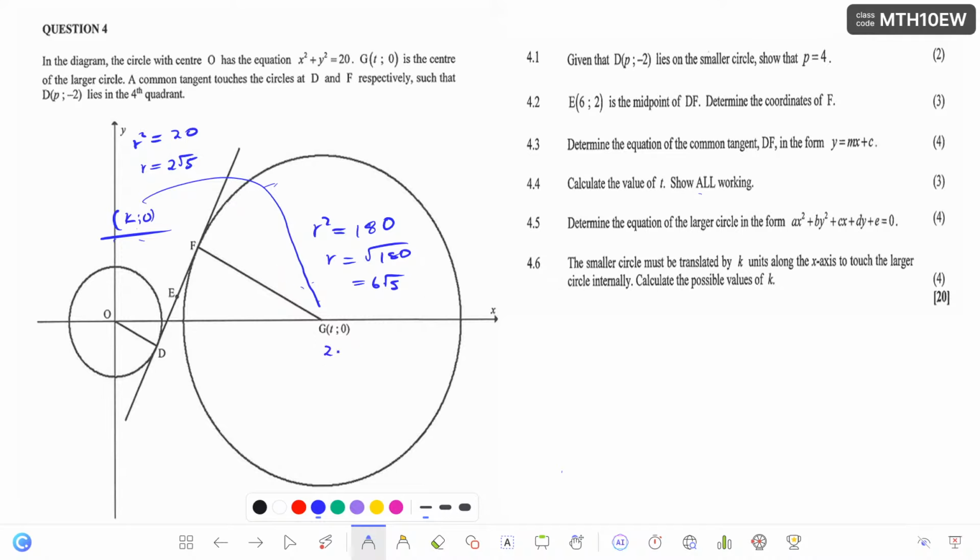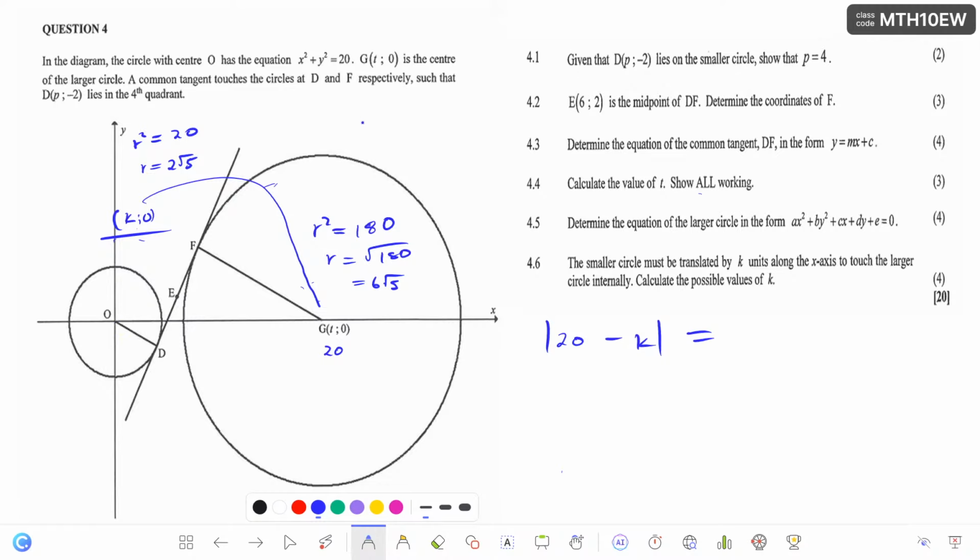Since this one is 20, and since it's horizontal, you are just going to say the absolute value of 20 minus k. So the distance between these coordinates must be equal to the difference of the radii.